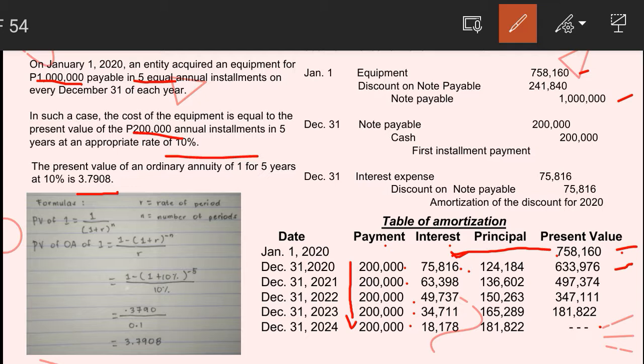So 1 million minus the cash price of 758,160 is your discount on note payable.